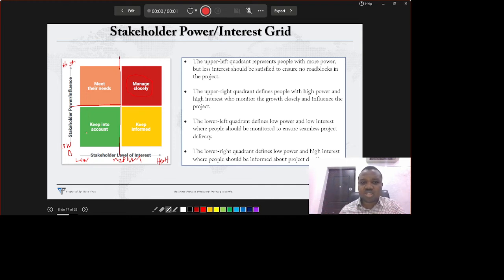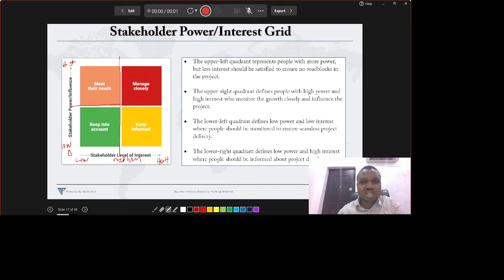You understand? Your agenda is to sway this person over. So we have people with low and very, very high interest, and you equally want to keep those people informed. So it's very important to analyze your stakeholders along the power and interest grid so that you know how to deal closely with those people.